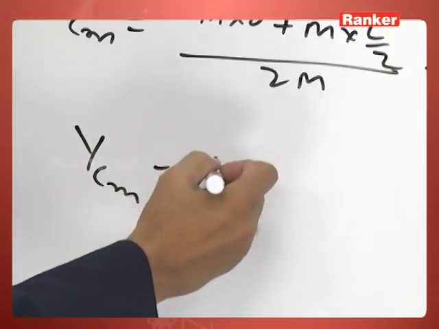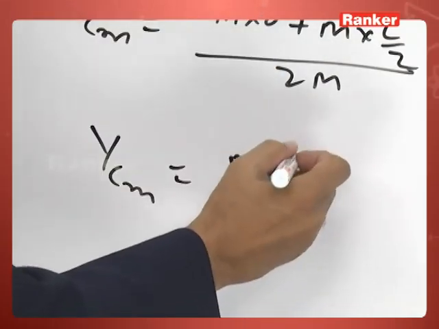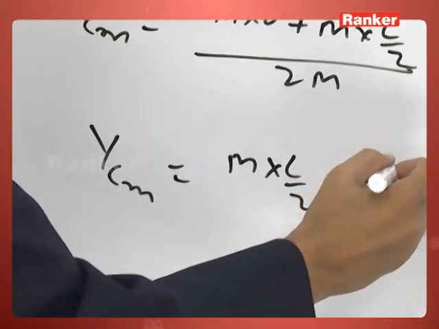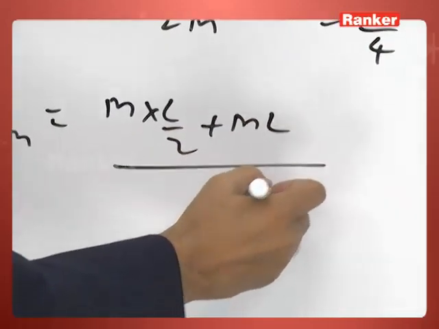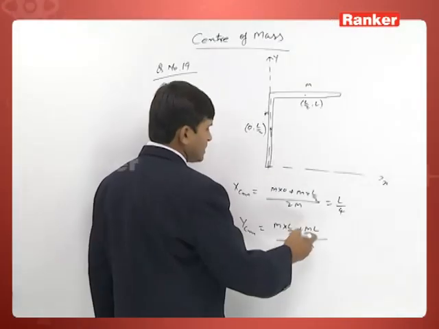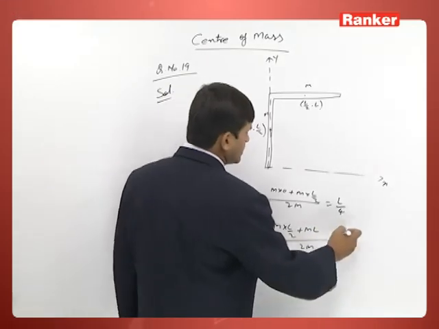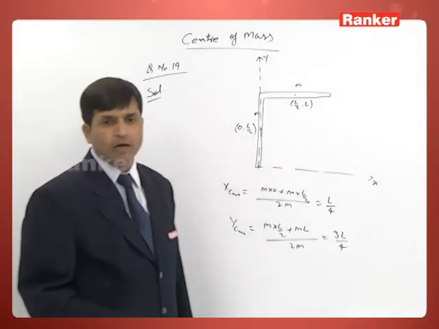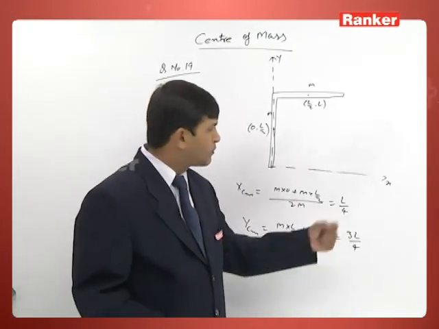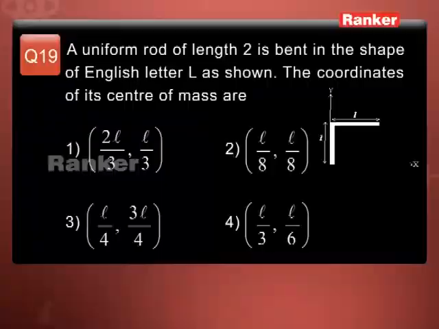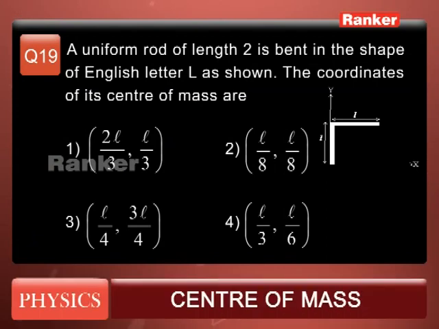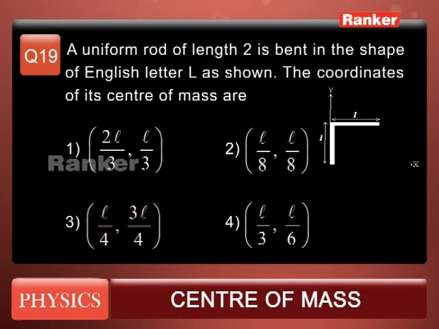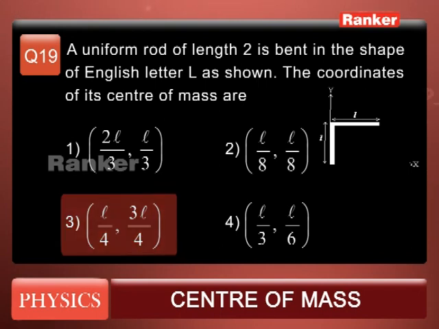Y_CM is M into L by 2 plus M into L, by total mass 2M. So this will be 3L by 4. So our coordinates here are L by 4 and 3L by 4. So the correct option is option number 3. So the answer is option number 3.